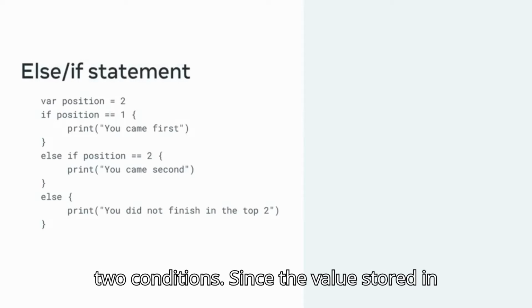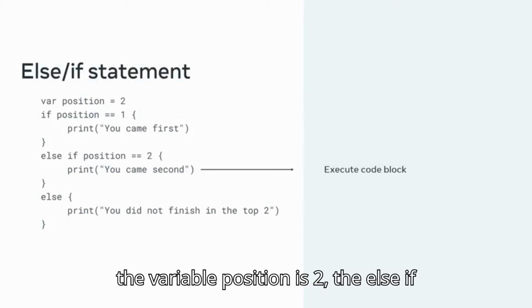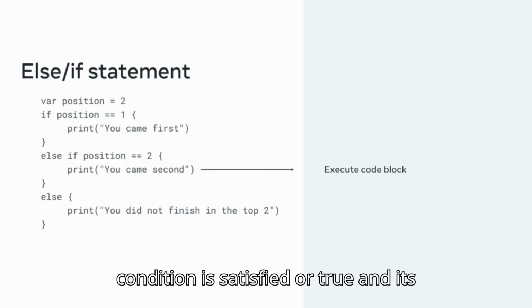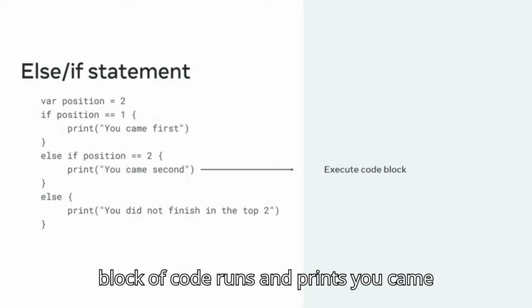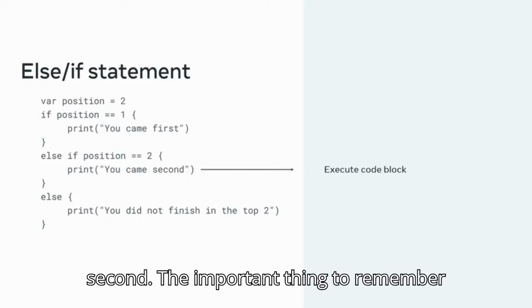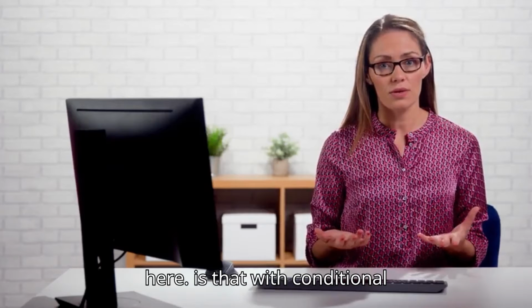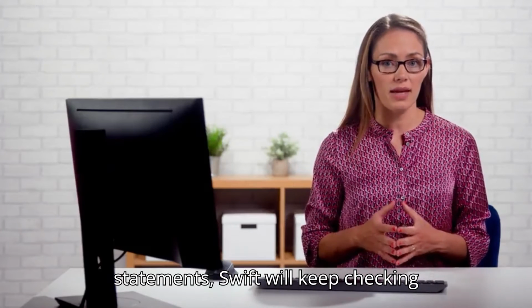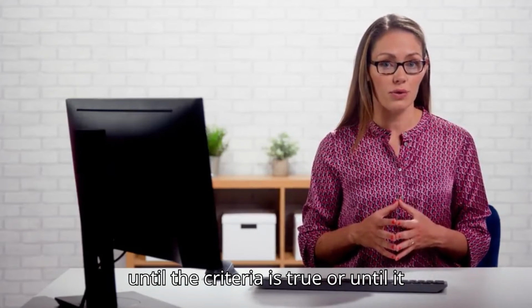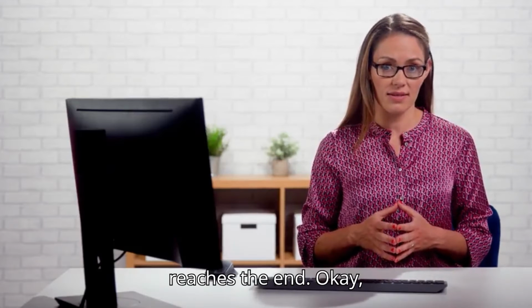Since the value stored in the variable position is 2, the else if condition is satisfied, or true, and its block of code runs and prints, "You came second." The important thing to remember here is that with conditional statements, Swift will keep checking until the criteria is true or until it reaches the end.